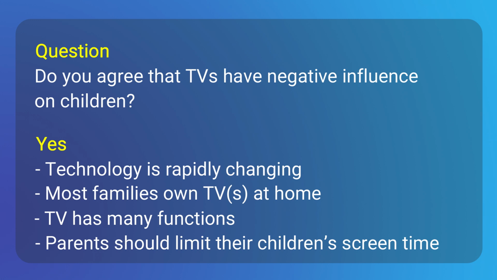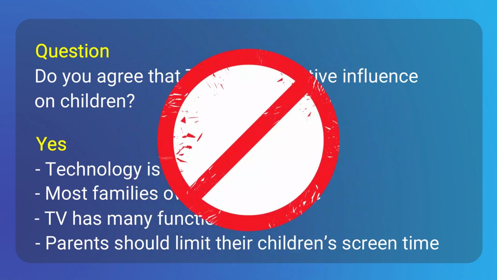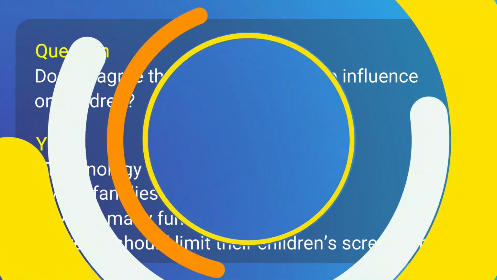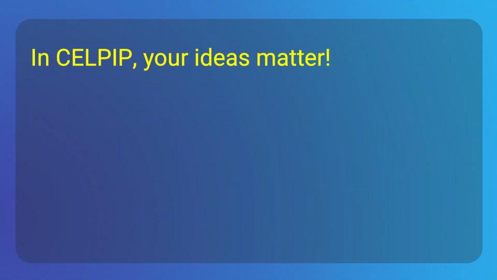You should be able to see that these ideas that I just created are off topic. Those statements have not mentioned any negative effects of TV, even though I said yes, TV has negative influence on children in the beginning. What I'm trying to say is a problem like this can easily result in a lower score in your speaking, therefore you need to avoid it.